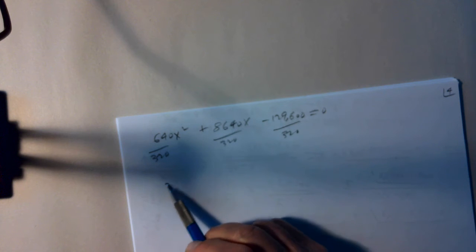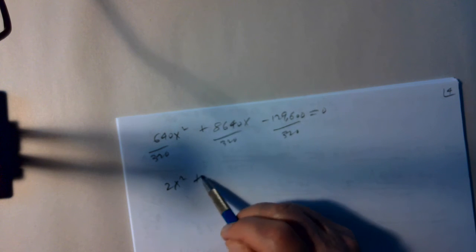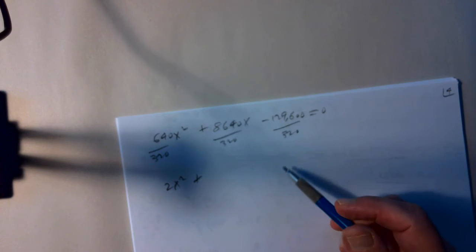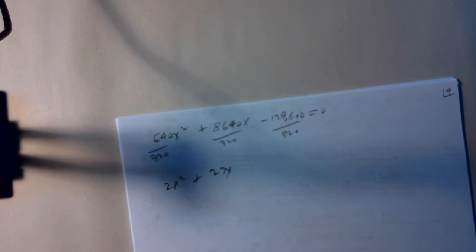So this becomes 2x squared plus, let's see, what is it? 8,640 divided by 320 is 27. And 129,600 divided by 320 is 405.